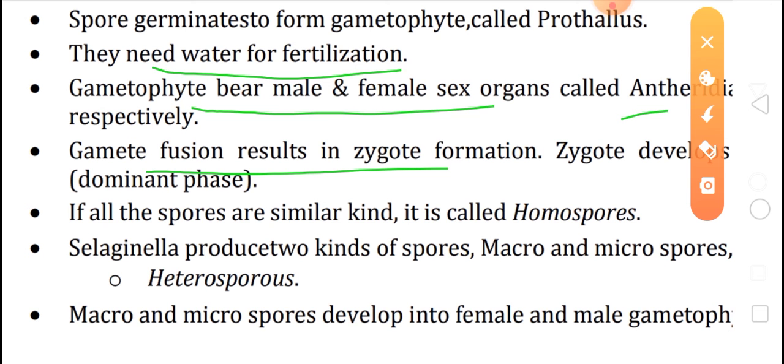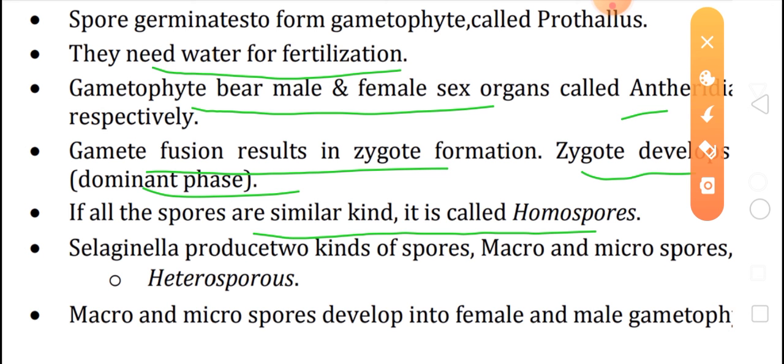Children, if all the spores in pteridophytes are of a similar kind, they are known as homospores. But if they have different types of spores, then it is known as heterosporous. For example, Selaginella produces two kinds of spores, macro and microspores.